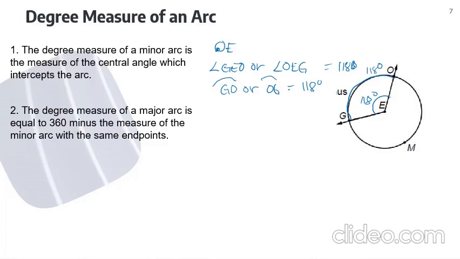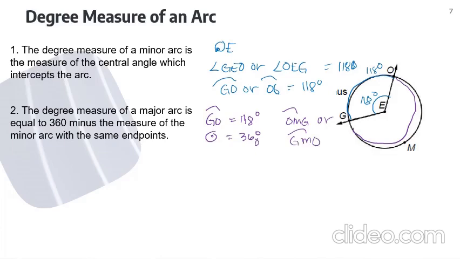Meaning to say, if we already know the measure of arc GO or OG, which is 118 degrees, and alam natin na ang total measure of a circle is 360 degrees, paano natin makukuha ang measure ng arc OMG or GMO, which is the major arc?